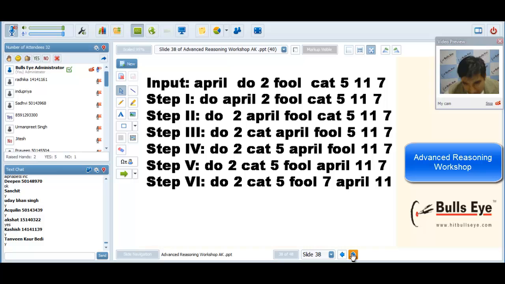Now we have another input, which is April, do, to, fool, cat, 5, 11, 7. Just spend 2 minutes to go through it and give me the logic. Yes people, I think most of you are correct.